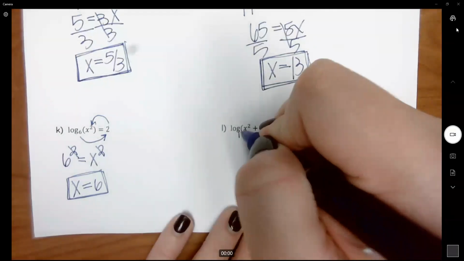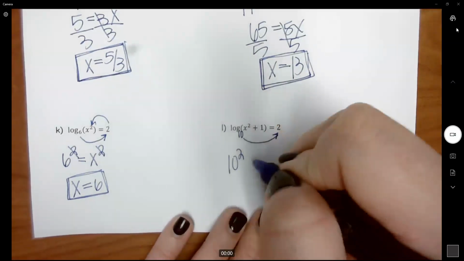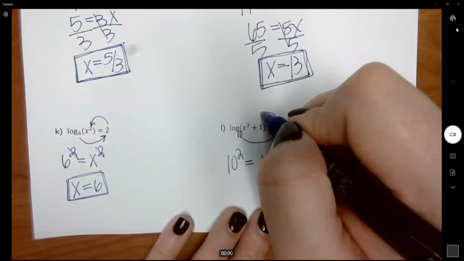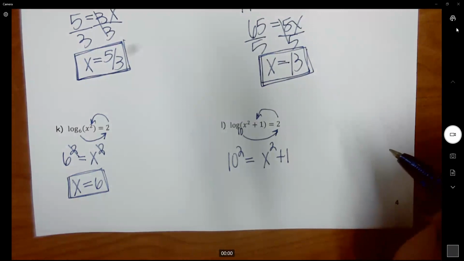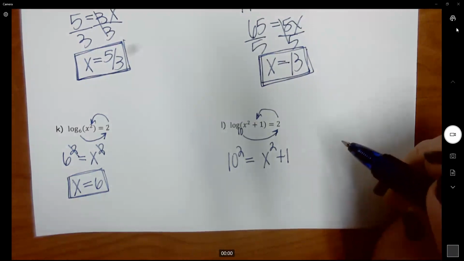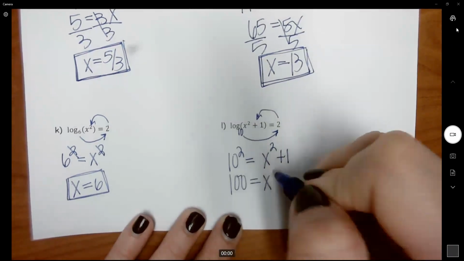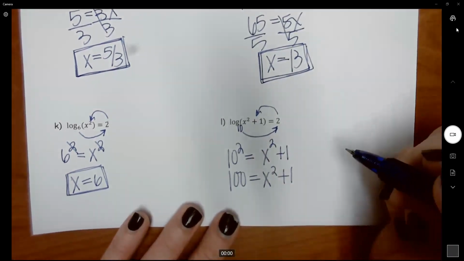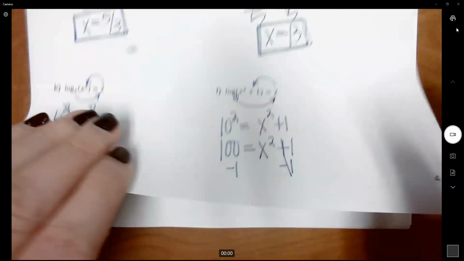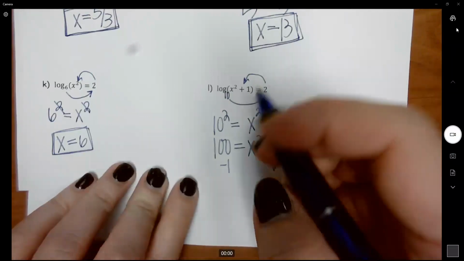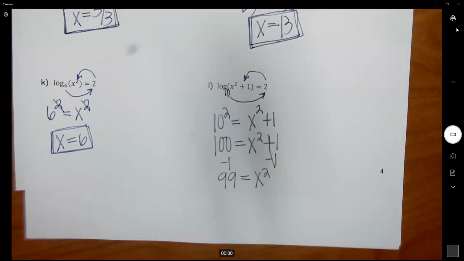And then here we have a common log, so we got a base of 10. So 10 squared equals x squared plus 1. This is 100. Subtract your 1. We get 99 equals x squared.